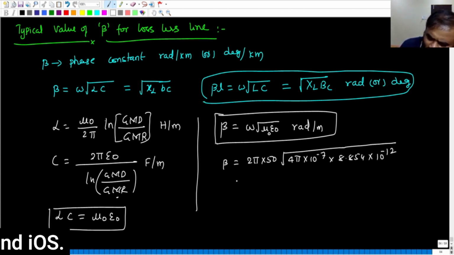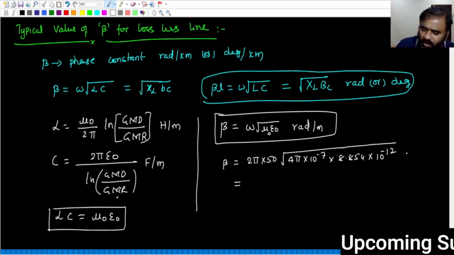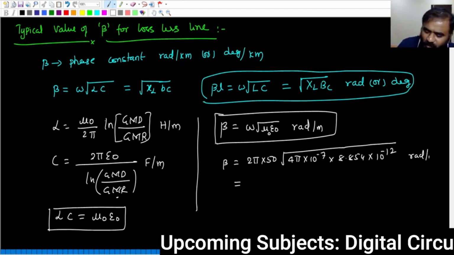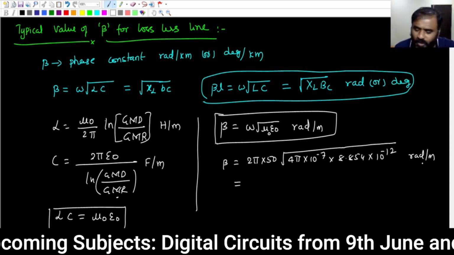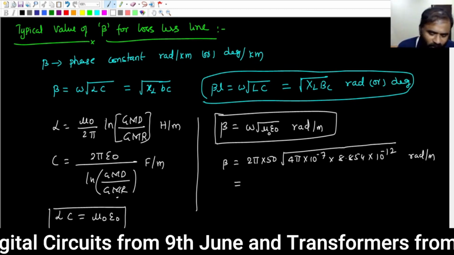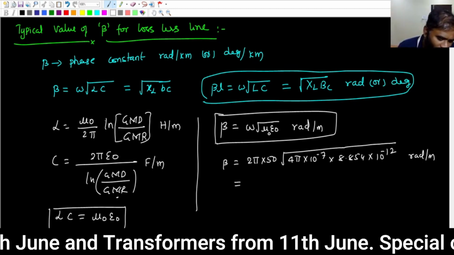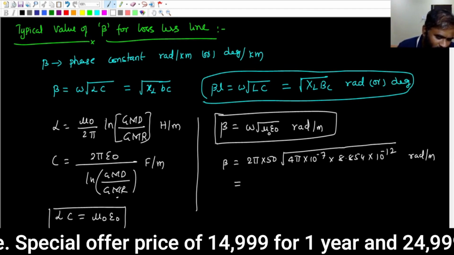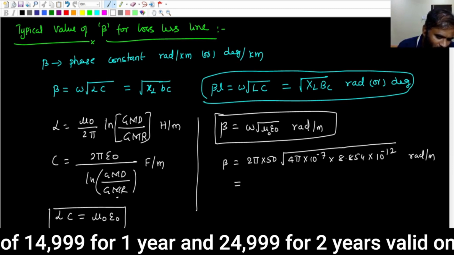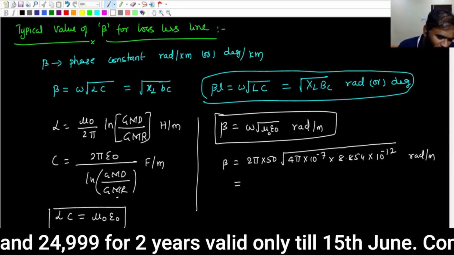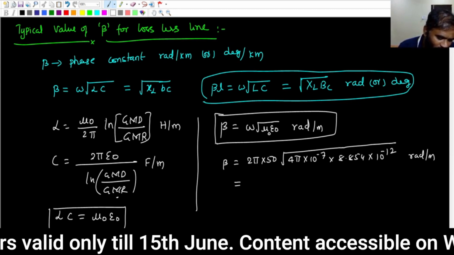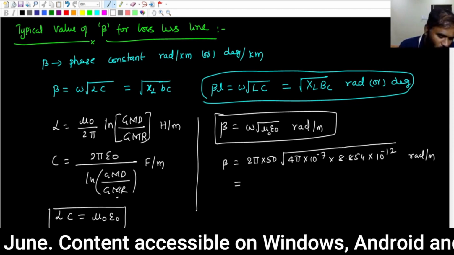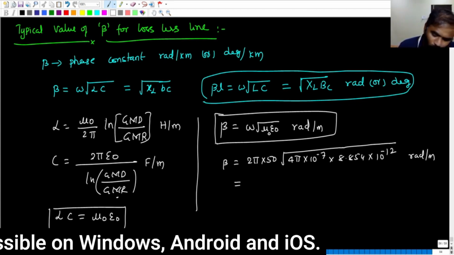Please substitute all these things and tell me what this is, so that we get it by default in radians per meter. Now tell me what is this value. If I do these calculations, what do I get? Check everybody, you should solve please.